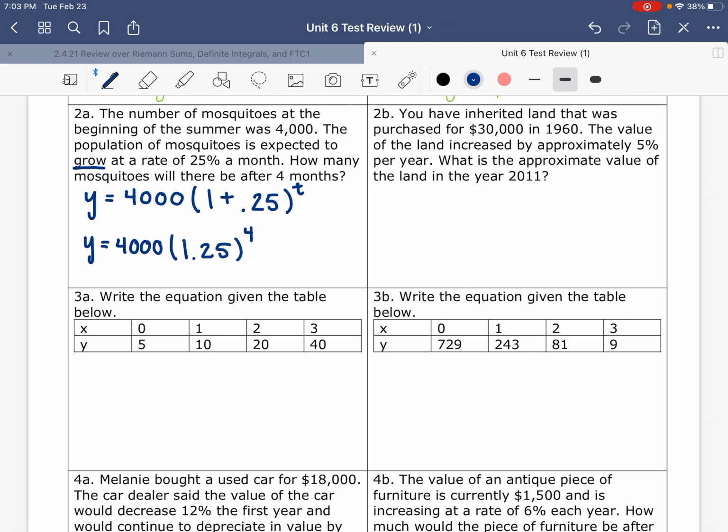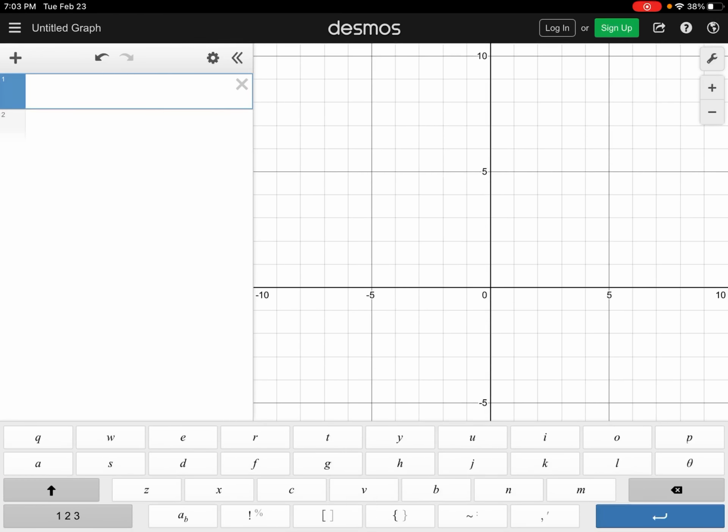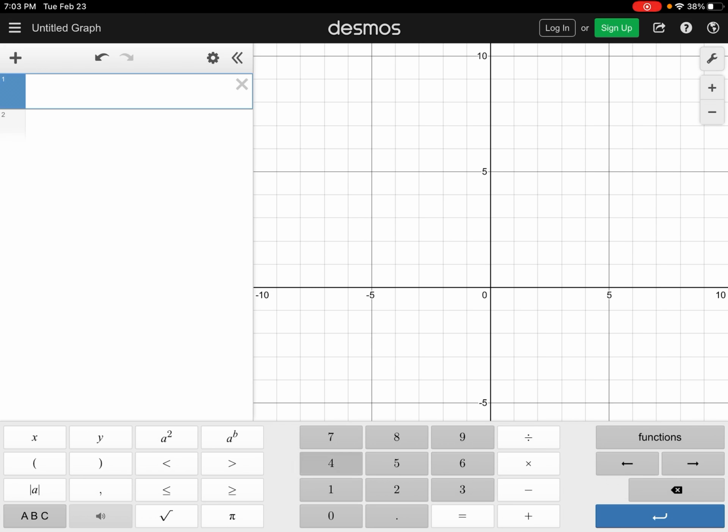Now, you're either using a yellow calculator at school or Desmos at home, and I'm just going to show you Desmos, but if you're using the yellow calculators, it's pretty much the same exact thing. So for Desmos, all we're going to do is type that in. So it's going to be 4,000. You don't need the y equals. Then 1.25. Then we use the exponent to the power of 4.